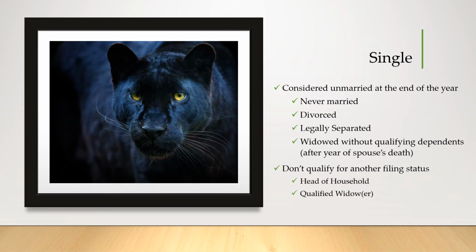So if they don't have those special circumstances and they are a widow or widower, they're still going to be filing as single. Again, our special statuses are head of household and qualifying widow or widower. If they don't qualify for those filing statuses and they are considered unmarried, they will be filing single for this year.